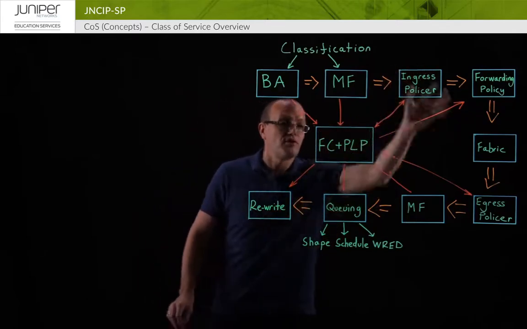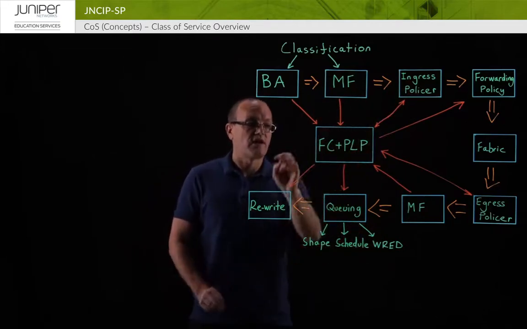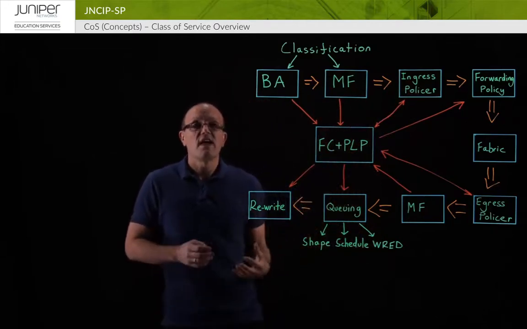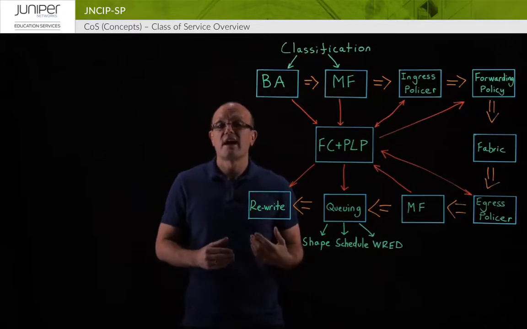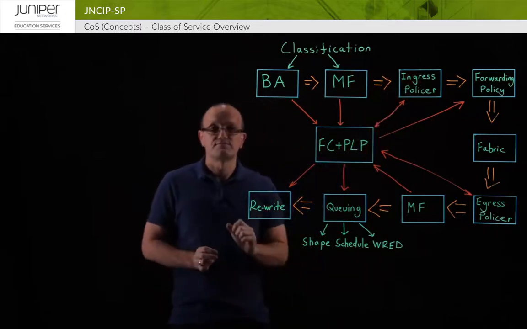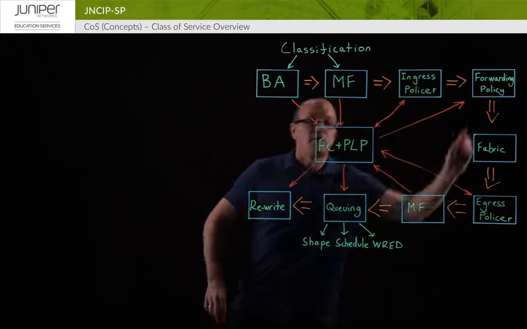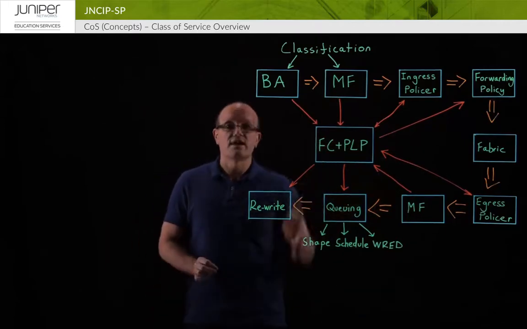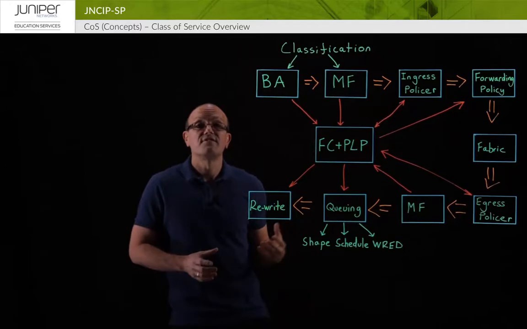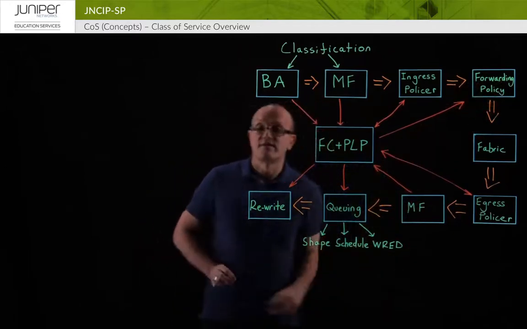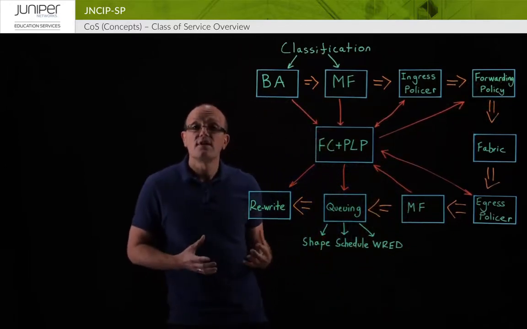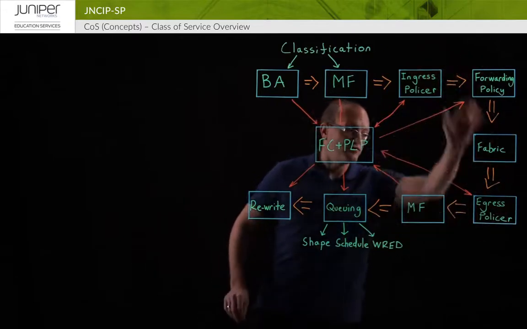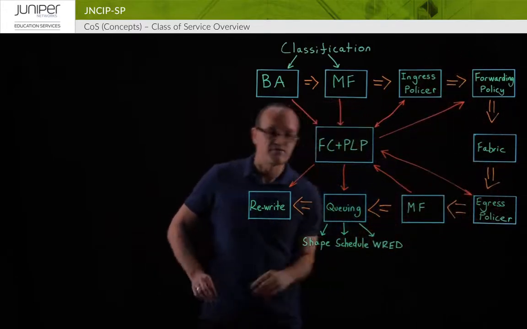They can also set the forwarding class and packet loss priority if certain traffic gets above a particular level. Next comes forwarding policy. And if we so desired, we can use forwarding class to have differentiated routing within a device. Then, as I've mentioned, the packet flows to the egress interface.